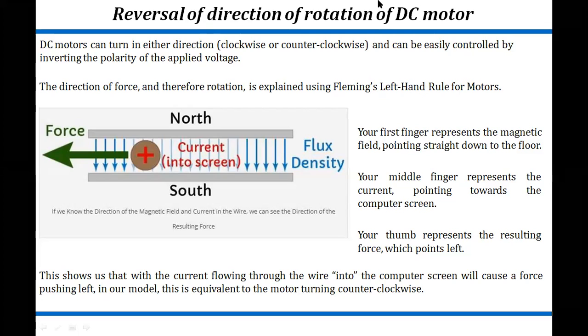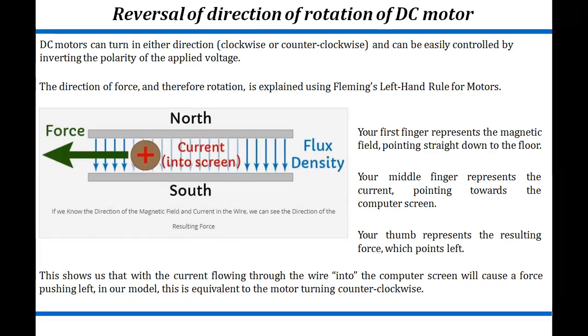If a DC motor can turn in either the clockwise or the counterclockwise direction, it can easily be controlled by inverting the polarity of the applied voltage. Because when we give the power supply, we know the direction of the magnetic field and current in the wire, so we can see the direction of the resulting force. Because we have seen Fleming's right hand rule.